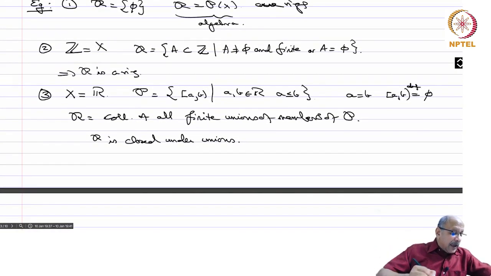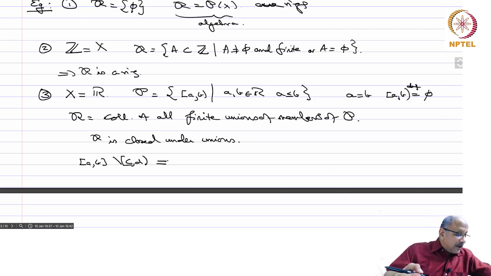Now if you take [A,B) minus [C,D), there are various possibilities.